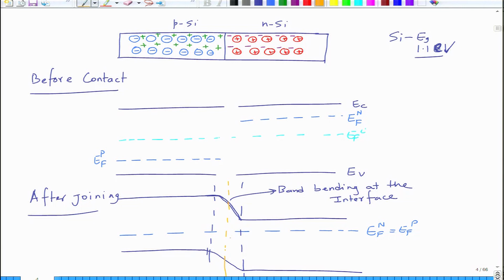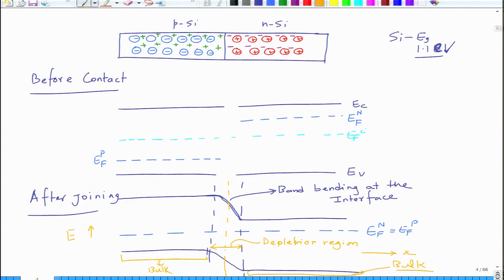The region up to which the bands bend on both sides is called, we will see, the depletion region, and these regions are called the bulk of the semiconductors. So this is bulk, this is also bulk. Now what you see here is band bending. Bending of bands means you have a gradient, and this is x, a distance x, and this is energy.